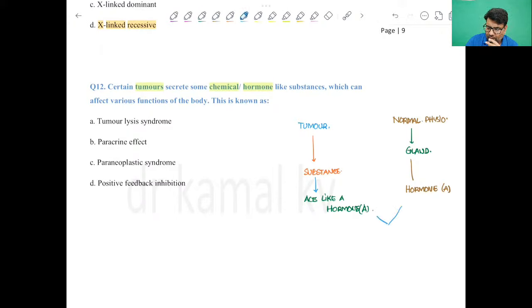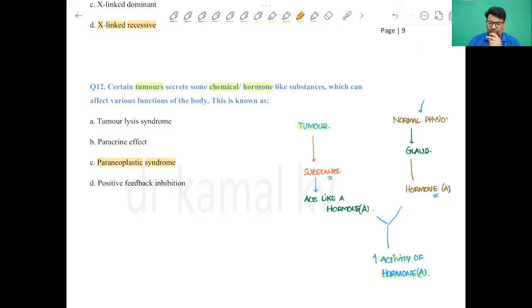There will be excess activity of hormone A. Although the body is producing only normal levels of hormone A, there is a substance coming from the tumor which also acts like this hormone, and therefore there is increased activity of hormone A. So this condition is known as paraneoplastic syndrome, right?